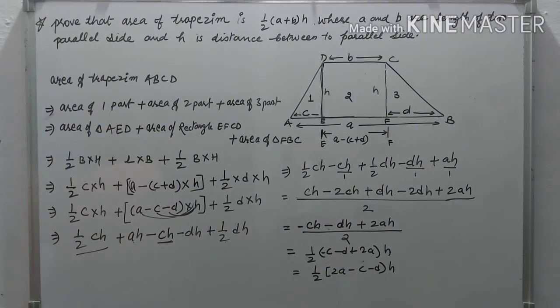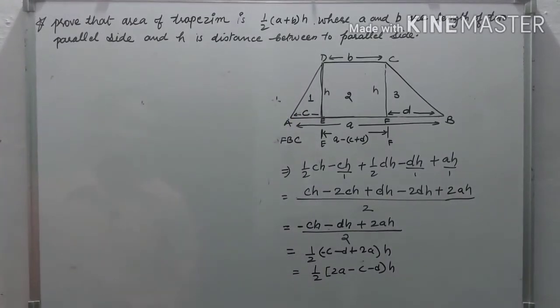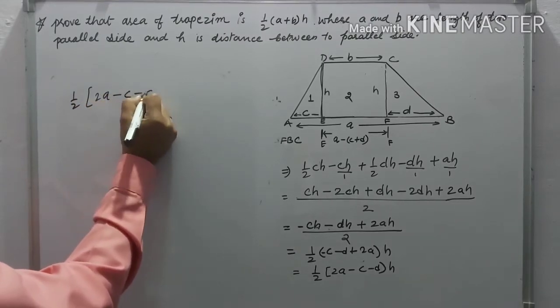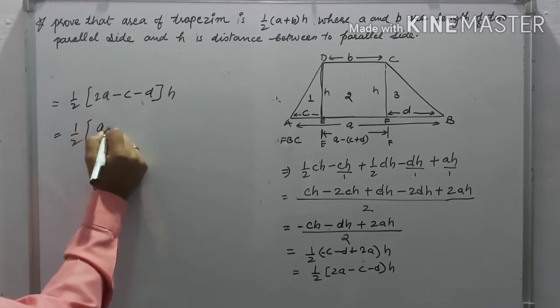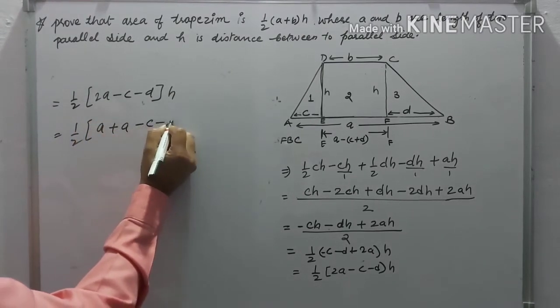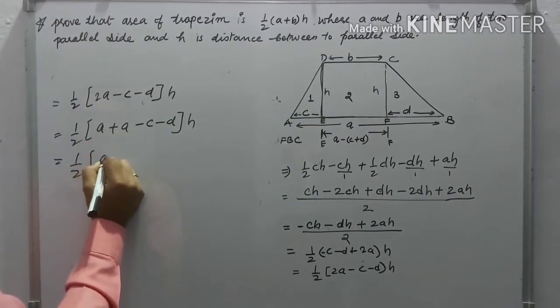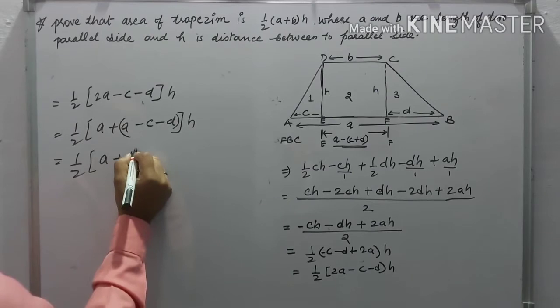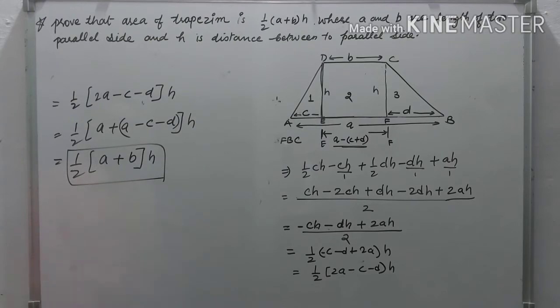Next terms we will write, they are very important in examination patterns, and 1 upon 2 is 2a minus c minus d into h, that is 1 upon 2 is a plus a minus d is h. Now 1 upon 2 a whole part of this is right, so plus b into h. So this is the formula of 1 upon 2 a plus b into h.